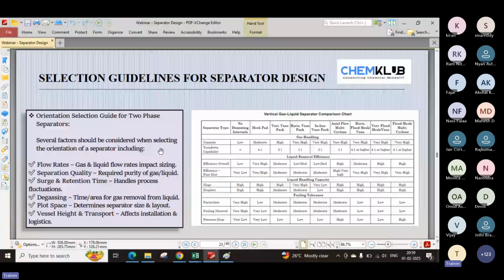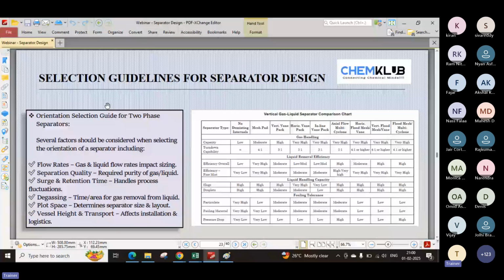As we discussed, for the flow rate, when you have a very high gas flow rate we generally go for vertical, and if you have very high liquid then we go for the horizontal one. Separation quality is again a critical one. As I said, if you require very pure or clear gas, we generally go for the vertical. Surge and retention time are again a major factor, which generally defines the orientation of the vessel.